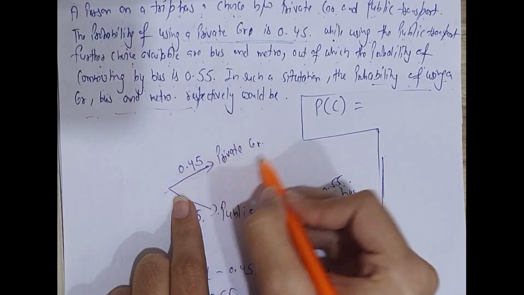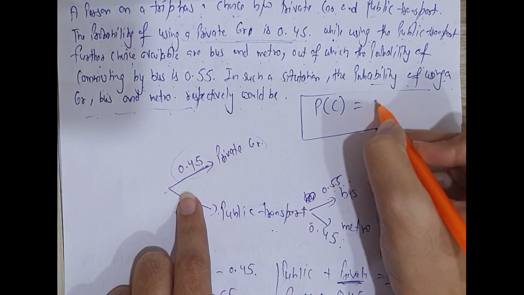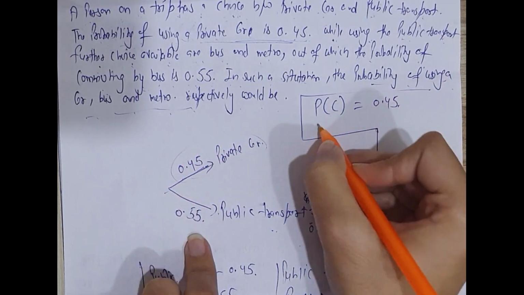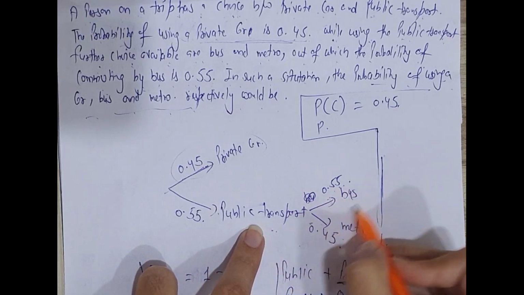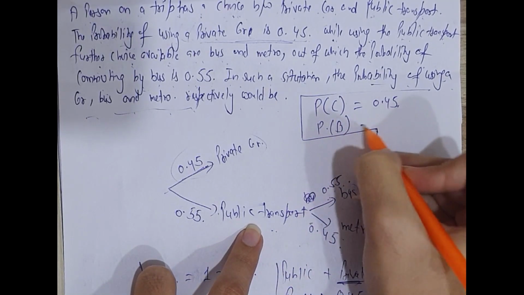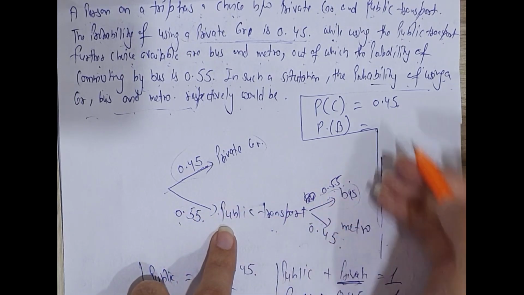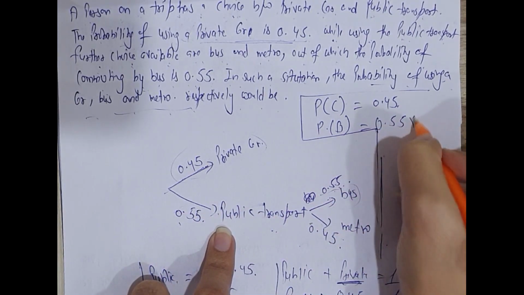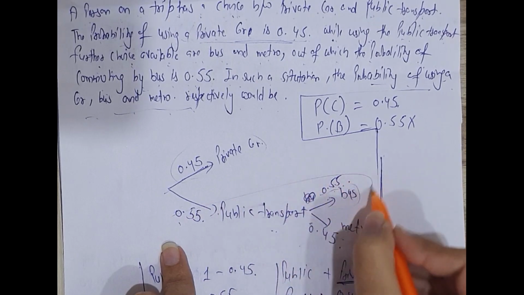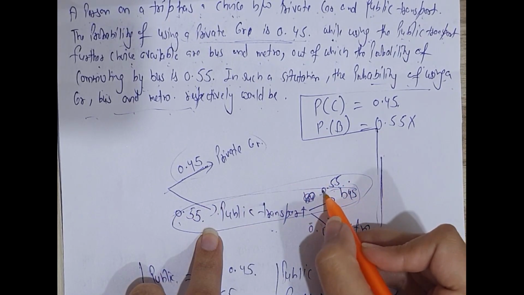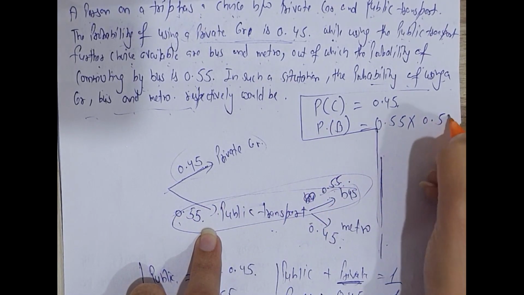So here the probability of using car is 0.45, and for the probability of using bus, here the bus probability is divided into 2, that is 0.55 into, now see the whole probability, the probability of using bus is 0.55 into 0.55.